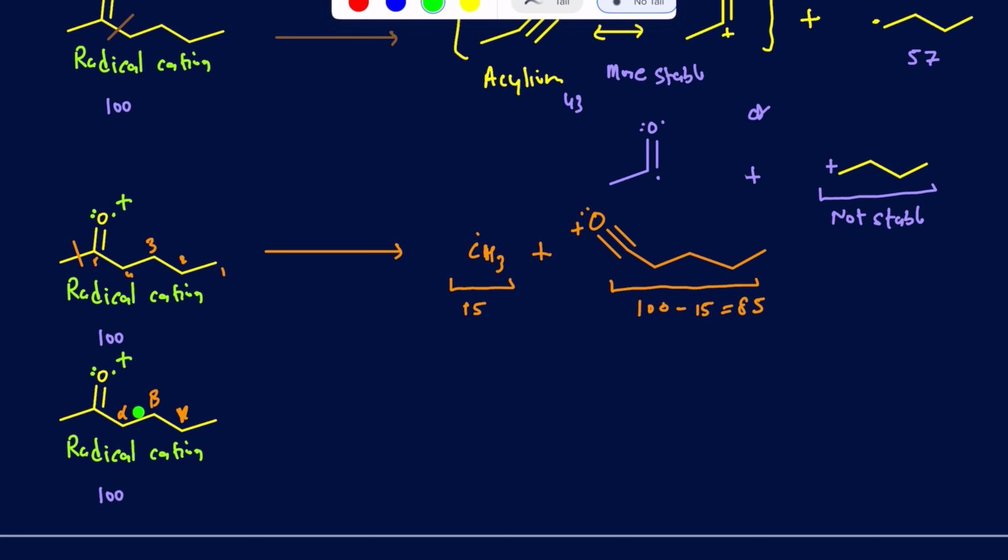What's going to happen then is I'm going to break it up right there. And when you break it up right there, it doesn't really create a radical, it creates an alkene. So from the right side, I'm going to get a propene, because I got 3 carbons on the right side. I can number those as 1, 2, 3 for my own convenience, not numbering according to the IUPAC rule, just to keep track of carbons.